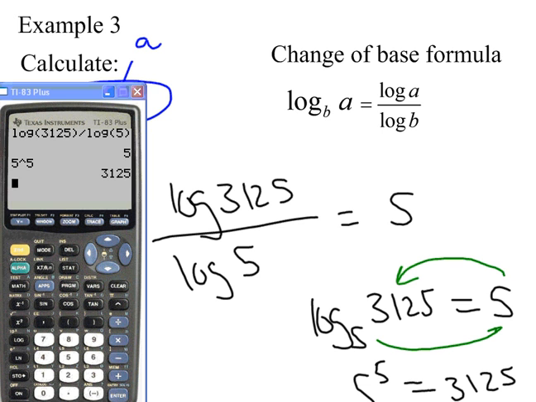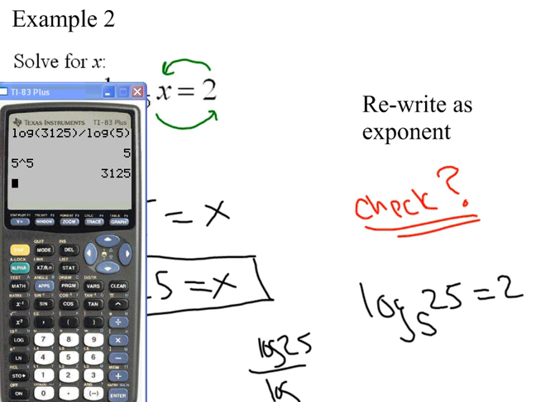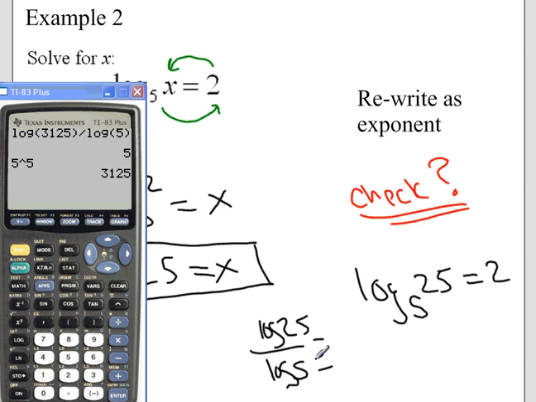All right, let's go back to example 2 now. Remember, we were trying to check log base 5 of 25 equals 2. Well, you can check this using the change of base formula. So check to see that log 25 over log 5 equals 2.